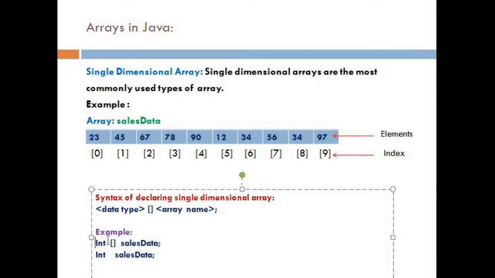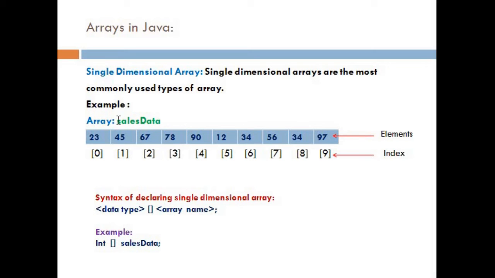So the first declaration represents that the variable sales data is an array variable, and the second representation shows that the variable sales data is an ordinary variable, and the ordinary variable can store only one particular value, whereas the array variable can store a range of values.